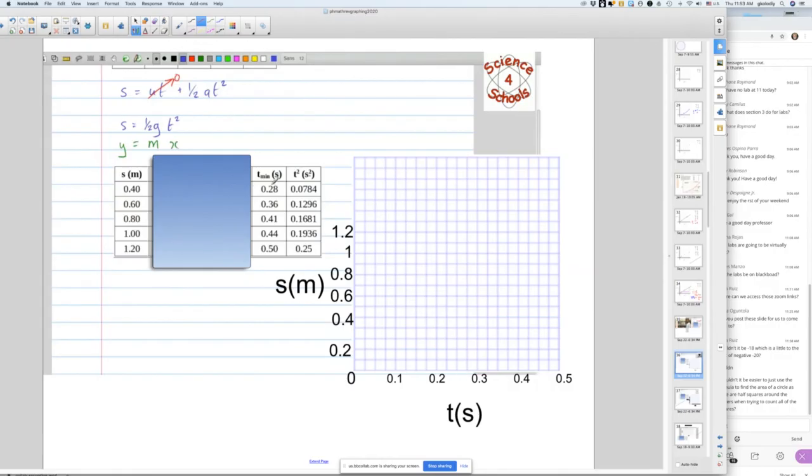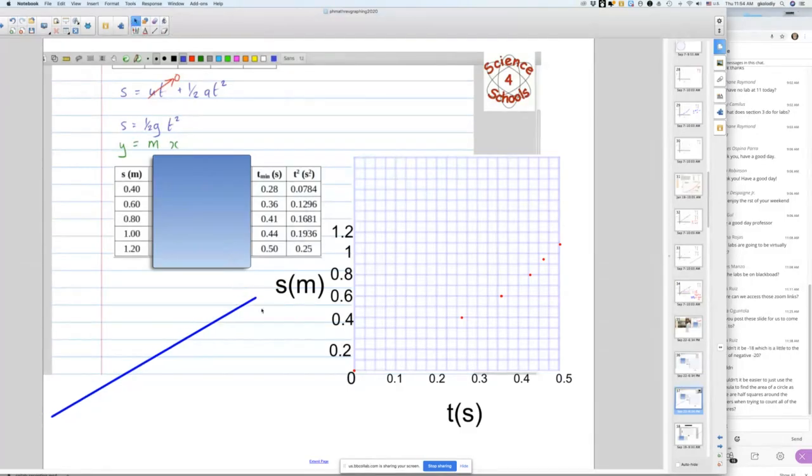The time here goes from 0.28 to 0.5, so I can use this scale here. The distance goes from 0 to 1.2, so I can use this scale over here. This is in meters. And each one of these is a dot. So these are the dots that I put on here.